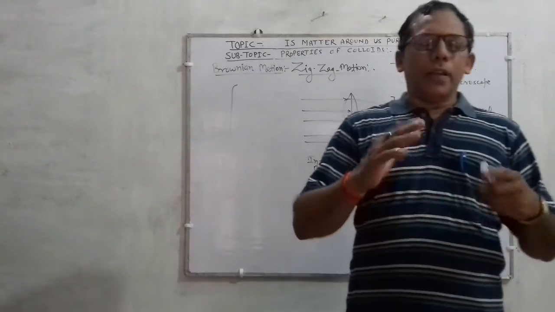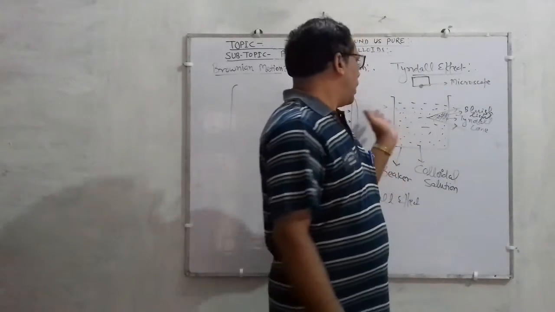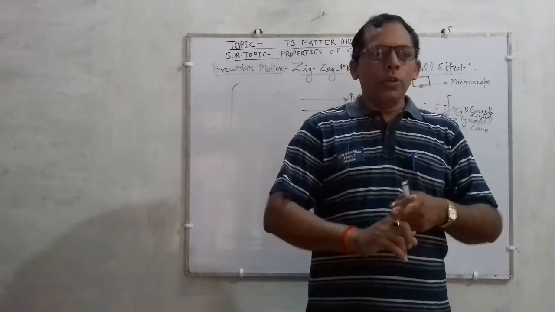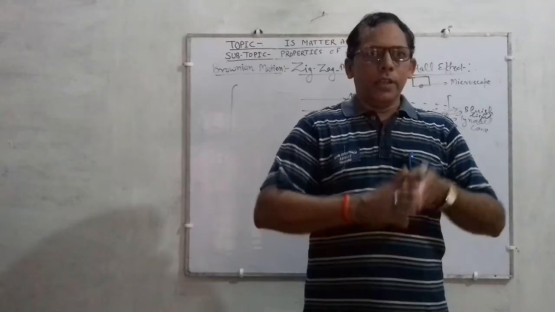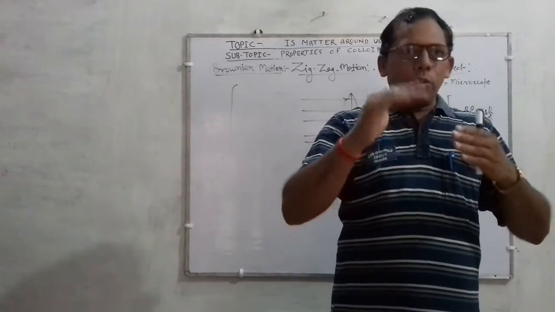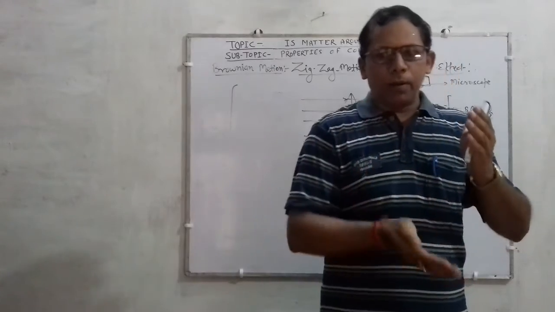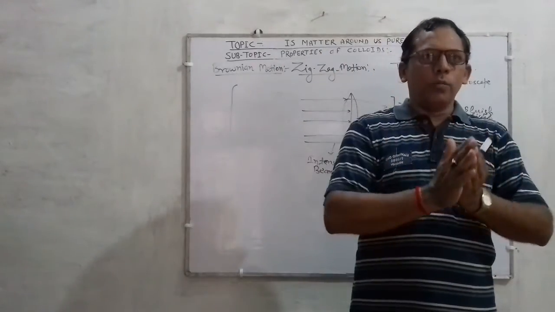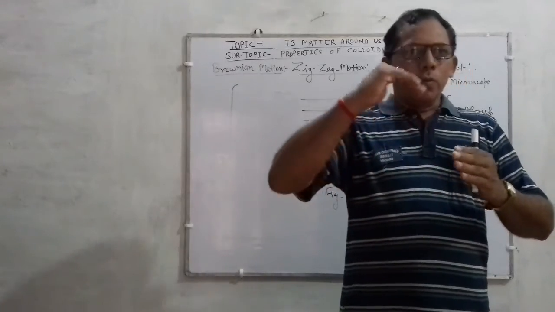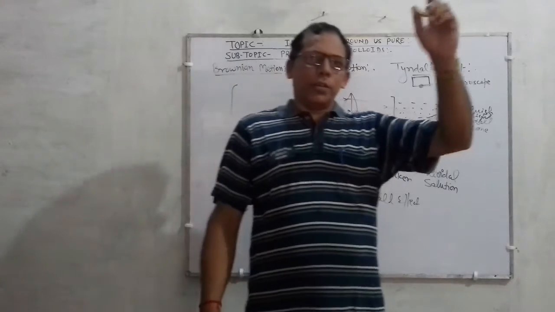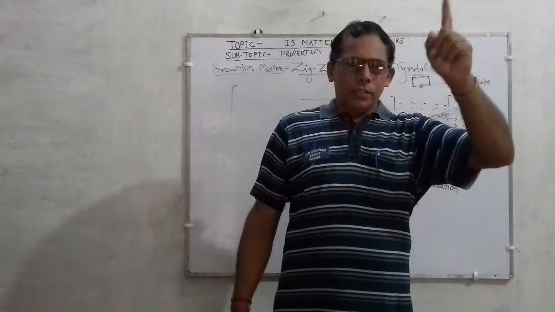The colloidal particles in the form of dust or smoke present in the room or in the air scatter the beam of light, and the Tyndall effect arises.